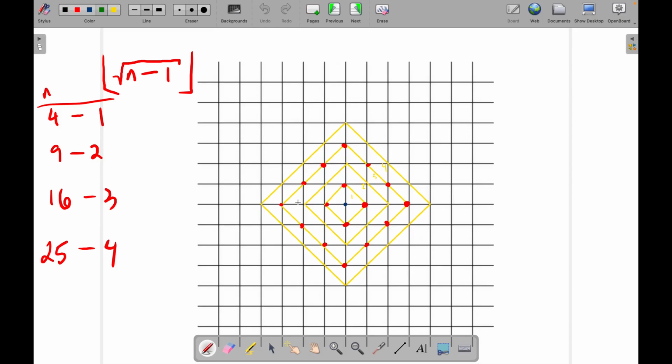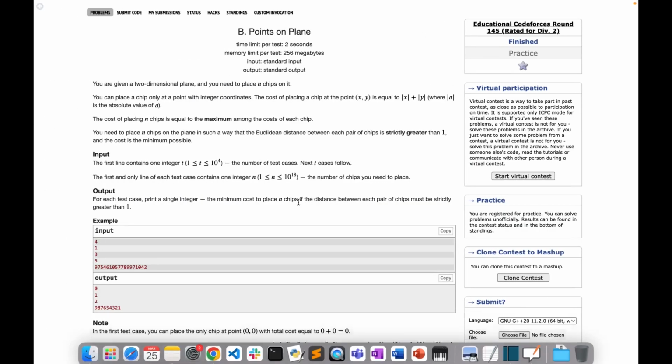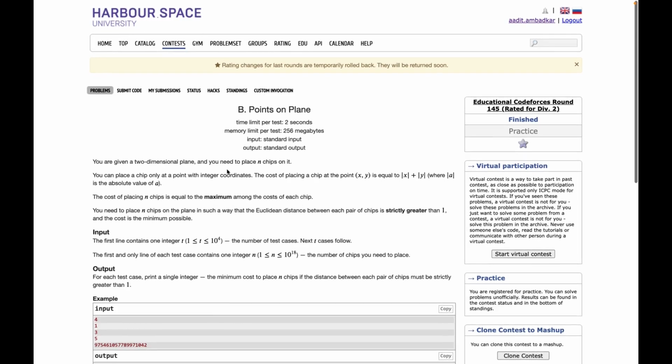I could fit 4 in a size of 1. I can fit 9 in the size of 2. I can fit 16. It's that finding that square number, that n to the power of 2, and in this case, which turns out the square root of n minus 1 floored. It's finding this that breaks the problem and makes it really easy.